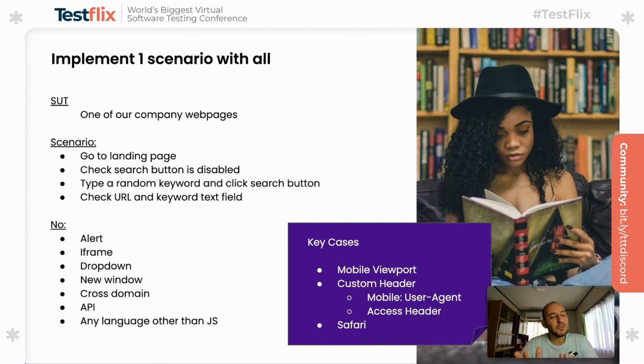So in this scenario, it's very simple. There is no complicated things like dealing with alerts or iframes or drop-down menus or opening new tabs, new windows. It's super simple. But in my case, the important things are: first, I have to do this scenario with a mobile viewport, because I'm not testing the mobile native app, but instead, at least, I want to simulate the mobile version, the mobile viewport.